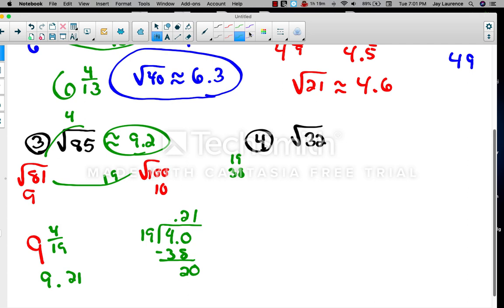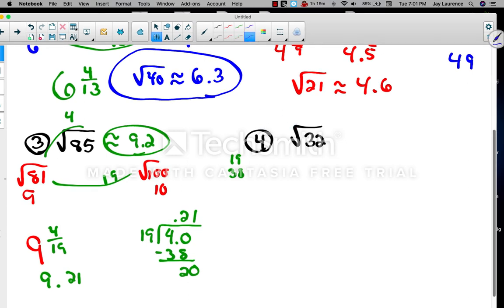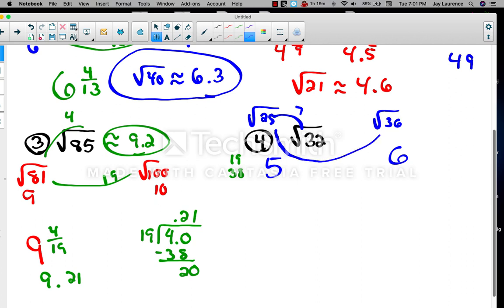All right, finally, the square root of 32. It's going to be between the square root of 25 and the square root of 36. Okay, so it's going to be 5 something. That's 6. This is 7. This distance is 11. So I'm going to get 5 and 7/11. So I'm going to divide 11 into 7.